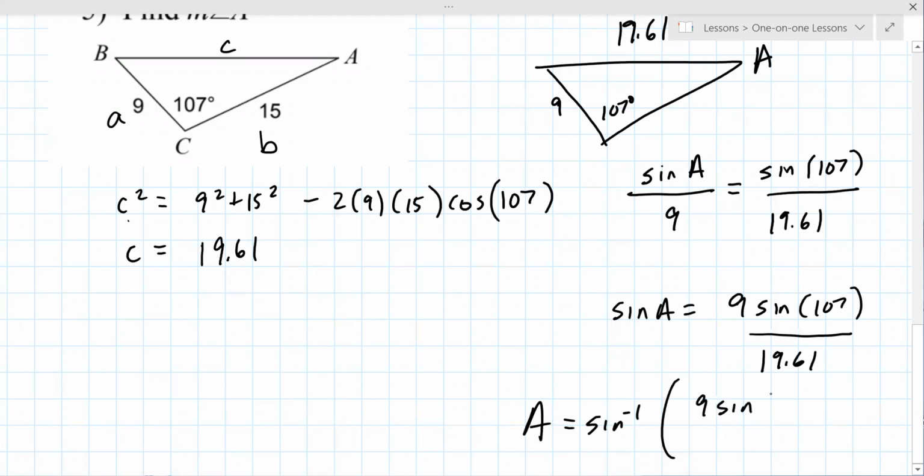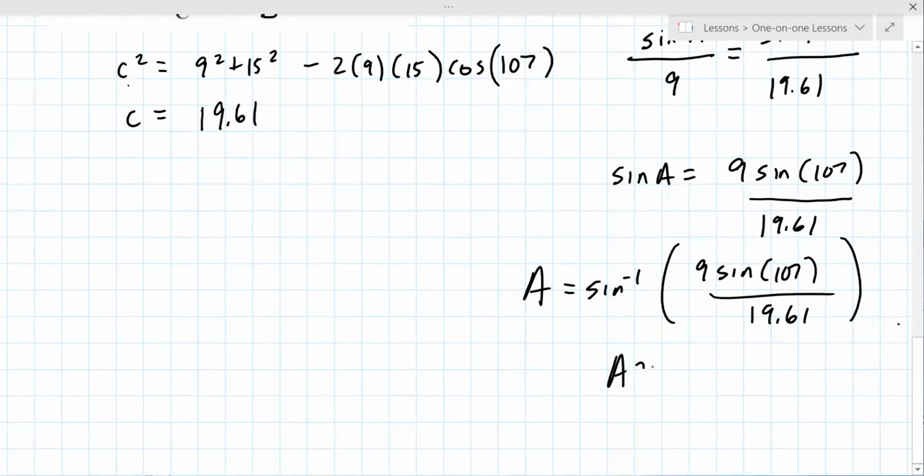Okay, so 9 sine 107 over 19.61. That all goes in your calculator. If you do that correctly, according to this, the angle is 26 degrees. But it's also contingent on you having found that other side correctly.